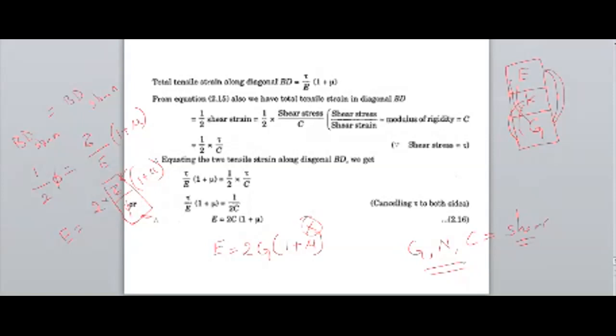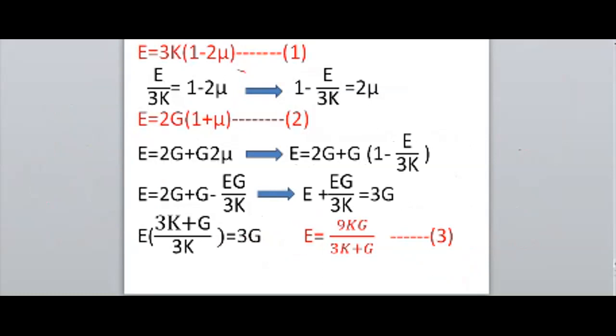So we have derived capital E is equal to 3k into 1 minus 2 mu. That is the first equation we have derived. And the second equation we have derived here is E equals 2g into 1 plus mu. So using these two relations, I need to remove the Poisson ratios.